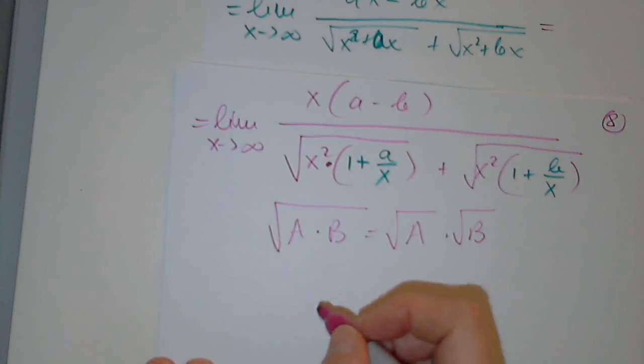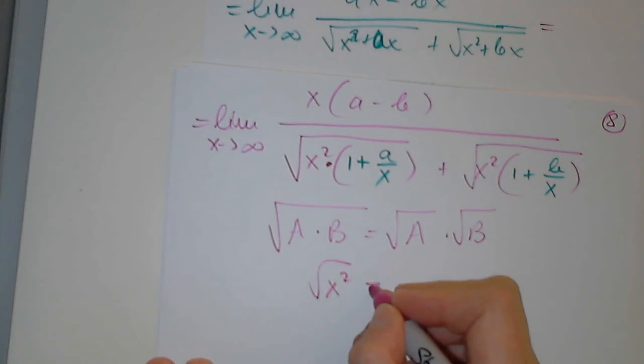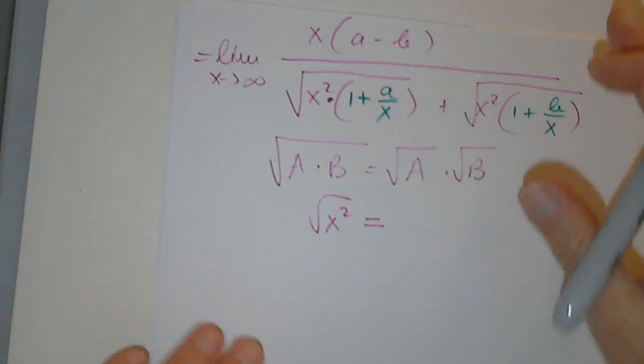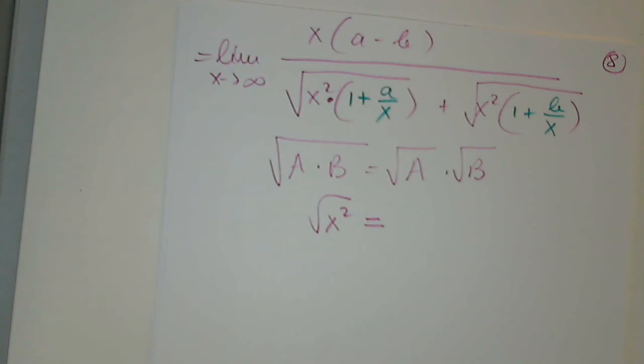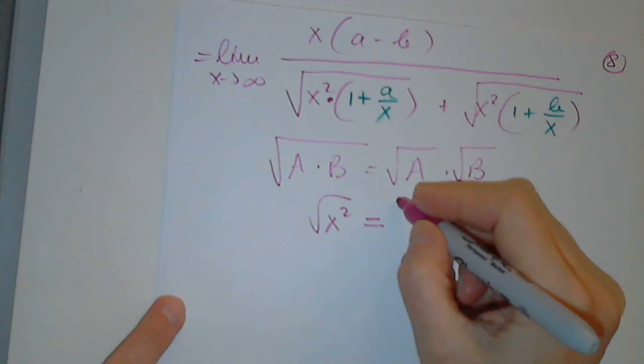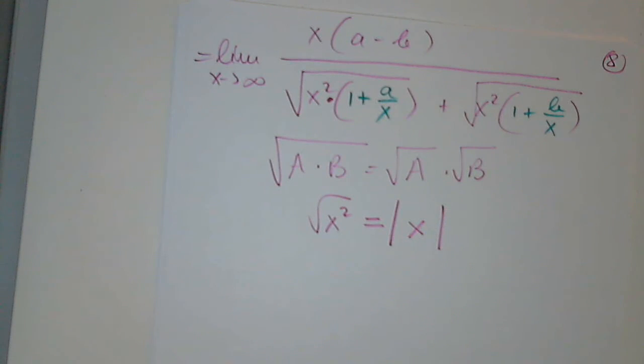So I will take the square root from x squared. But what is the answer? Careful. So the square root of x squared, if x can be any real number, is the absolute value of x. Now if you say, no, you don't need this, because x approaches infinity, I will agree with that.